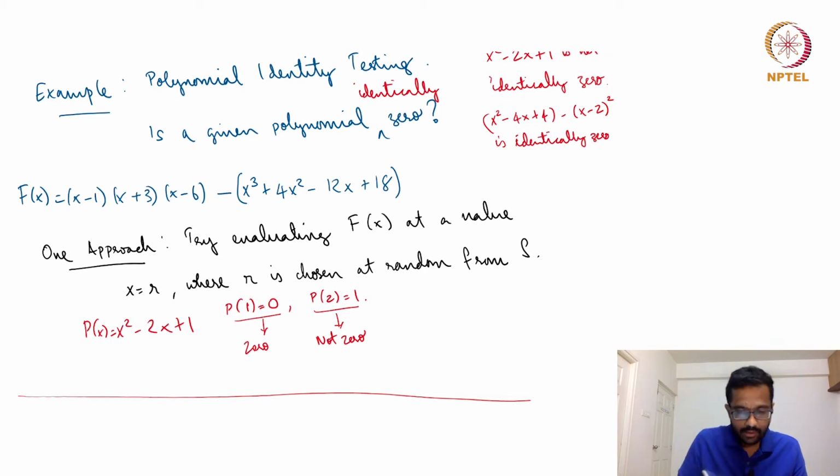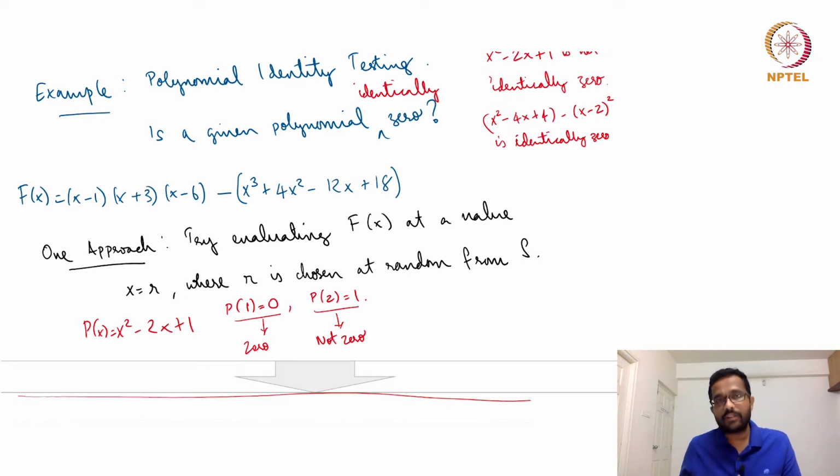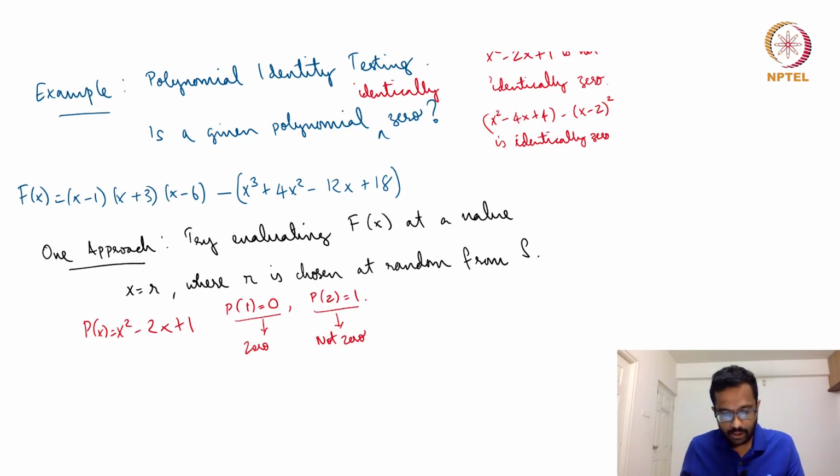So false positives are there, but notice that we will never have false negatives. This is because false negatives mean we incorrectly report something as not a 0 polynomial when it is a 0 polynomial. But when the actual polynomial is a 0 polynomial, no matter what you substitute into it, you will get the evaluation to be 0.